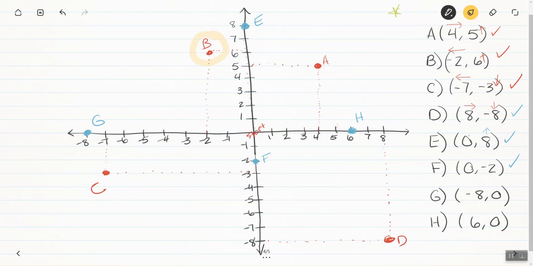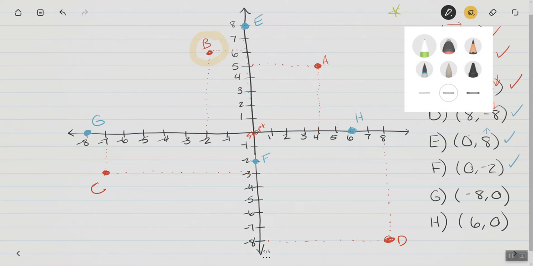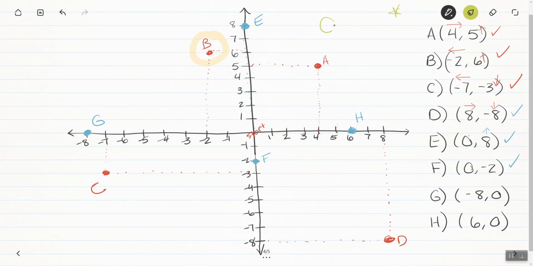And when you're looking for locations, you need to make sure you're paying attention to those quadrants. So this is quadrant, put it in pencil. So this is quadrant 1, quadrant 2, quadrant 3, quadrant 4, and then remember this is the x-axis, and this is the y-axis.